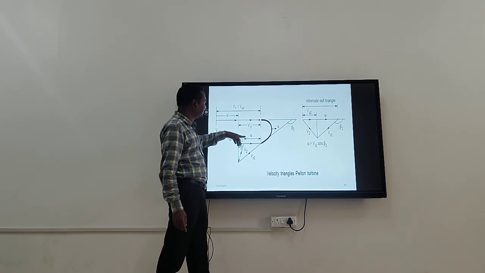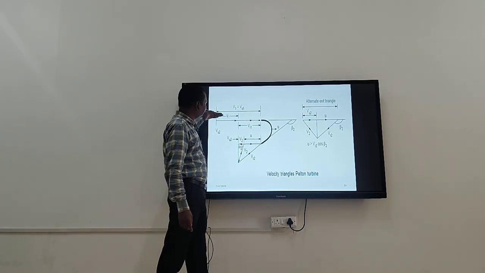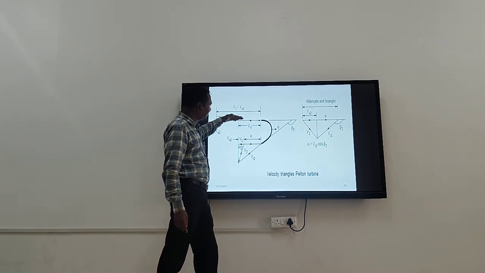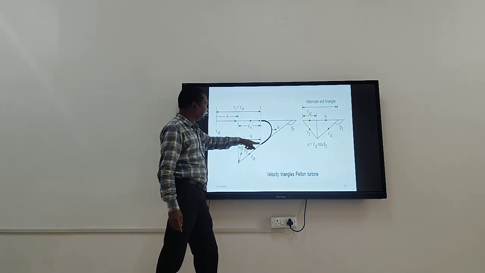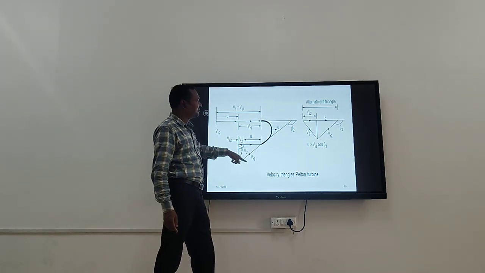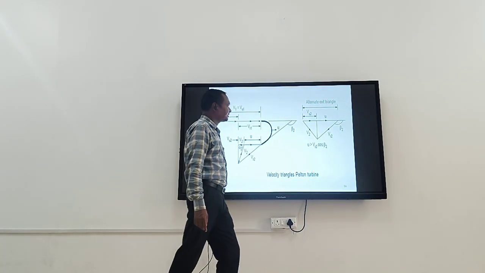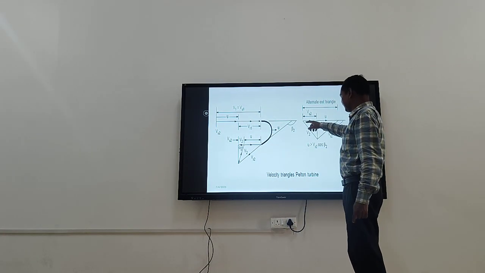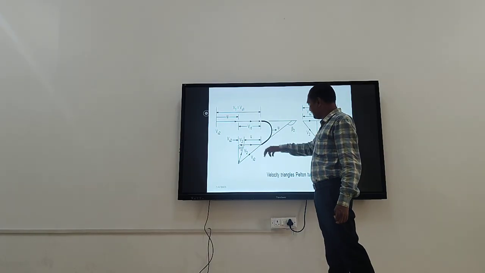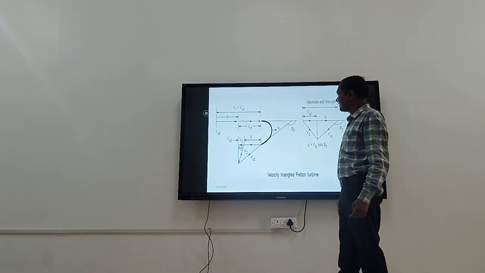The water is going axially, that means this angle is 0, and it is deflecting at 165 degrees, what I have told you already. So this is your velocity triangle of the Pelton wheel turbine.